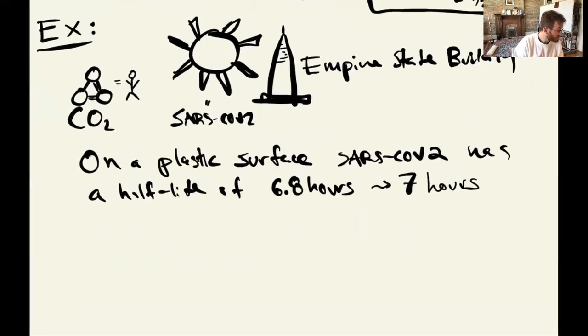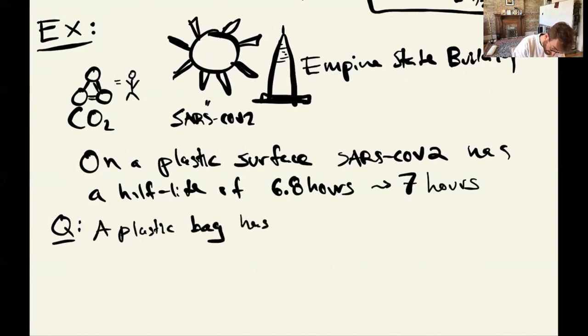So let's imagine we've got a plastic bag, and it has 1,024 coronaviruses on its surface. A plastic bag has 1,024 SARS-CoV-2 units on it.